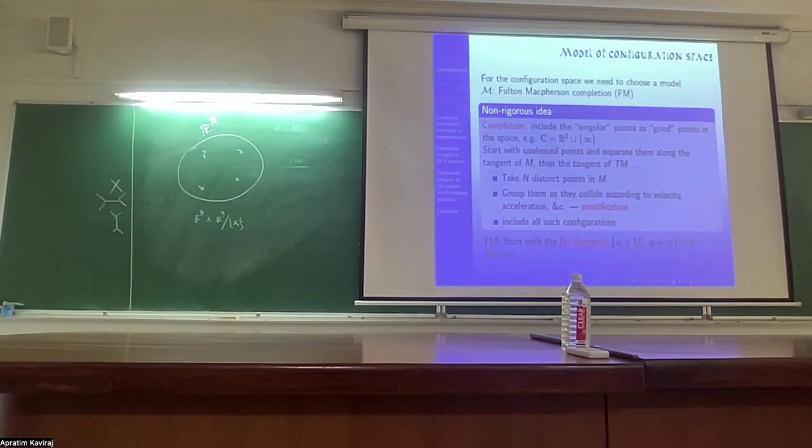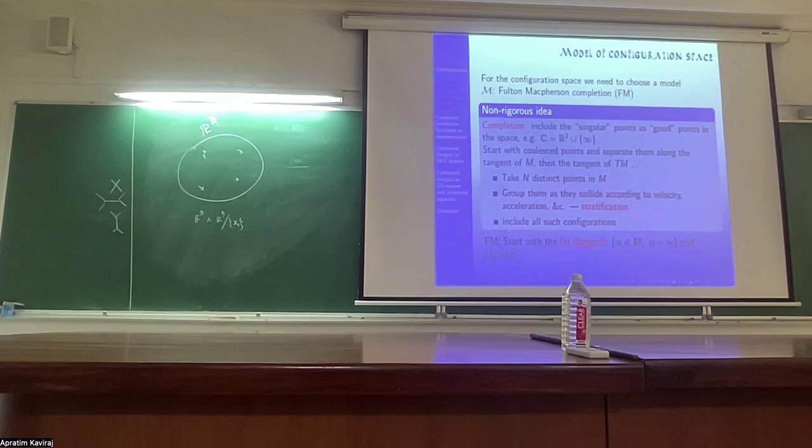There's a classification of points depending on how they collide. For example, two points can collide if and only if the velocities are equal. If the velocities are equal, we look at the accelerations and try to distinguish them. If even the accelerations are the same, go to the higher derivative. This is basically the way to classify things, and then group them as they collide according to velocity, acceleration.